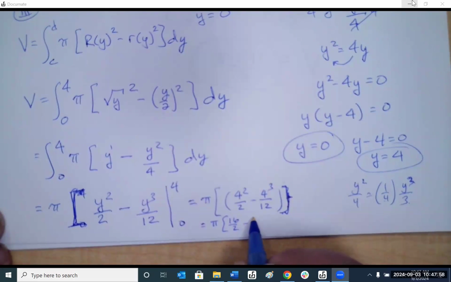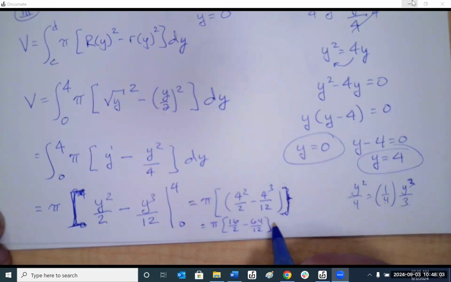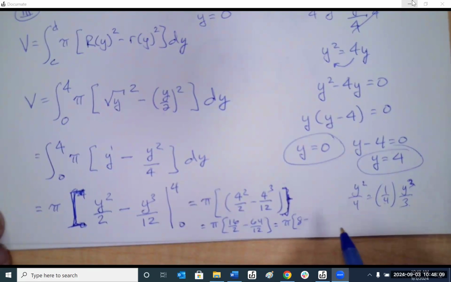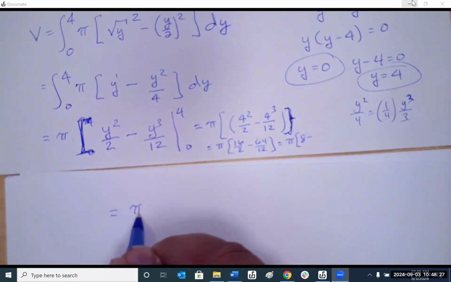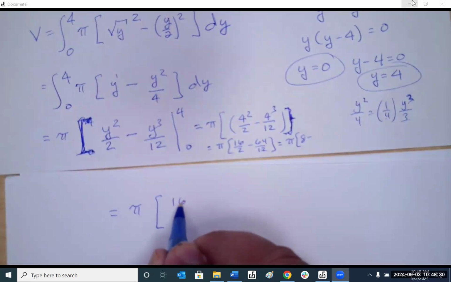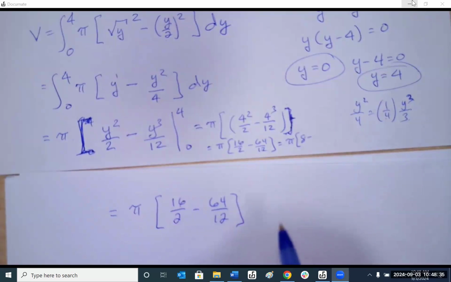Sixteen over 2, 64 over 12. Eight. Okay, that simplifies.